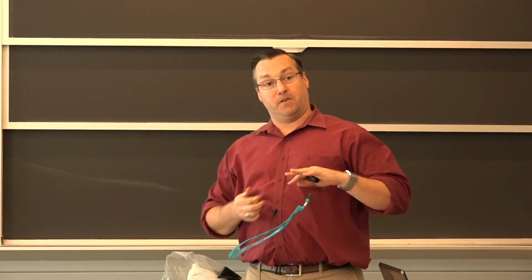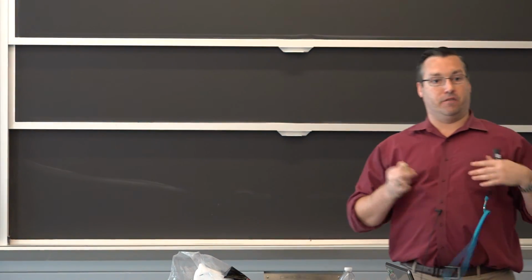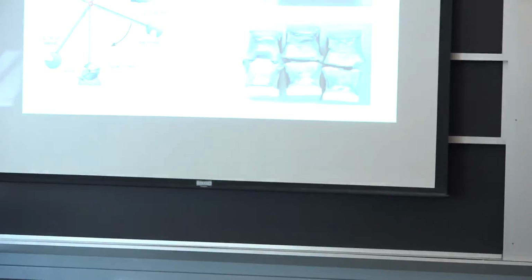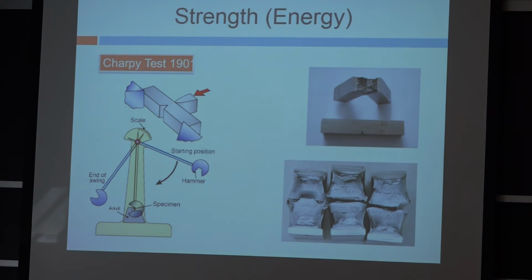Impact toughness is a function of temperature, so you have to make sure you have impact toughness throughout the range of temperatures you're operating in. You set the sample in, swing the hammer, it breaks, and this is what the fracture surfaces look like.